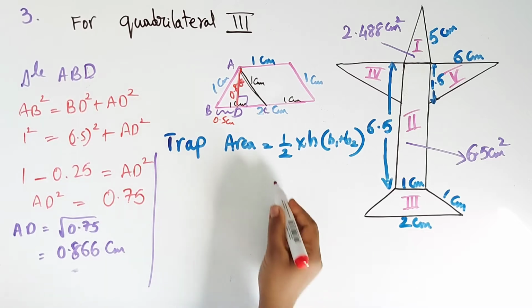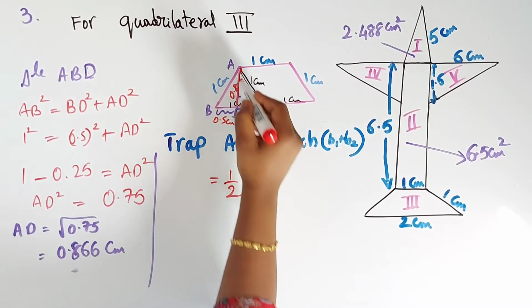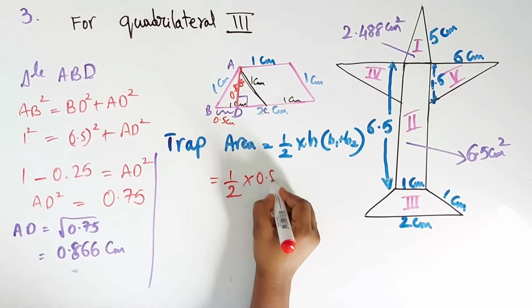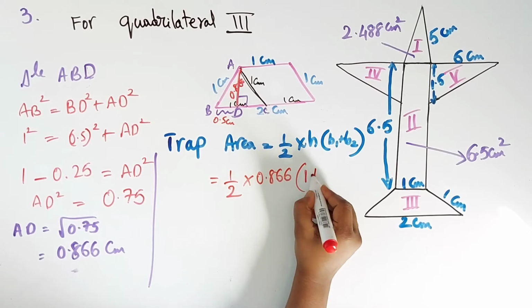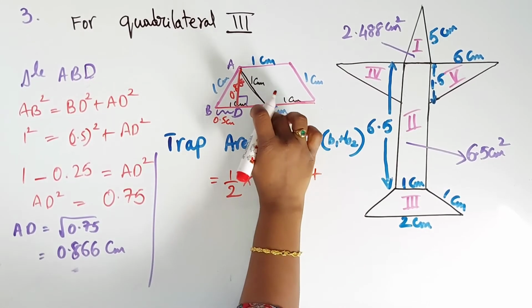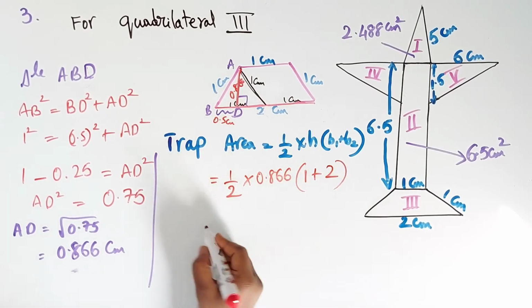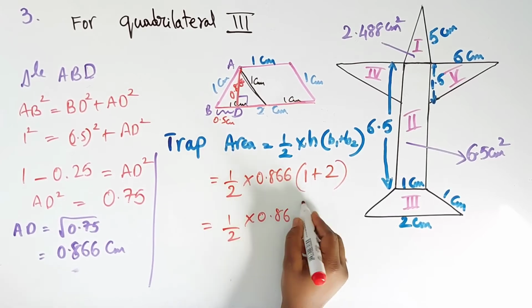Trapezium area equals half into height into B1 plus B2, children. Half into height we know: 0.866 into B1, base 1 centimeter, plus B2, this full 2 centimeter, children. That equals half into 0.866 into 3.